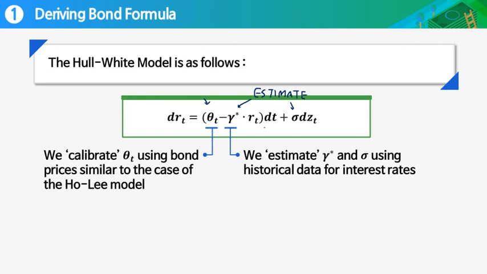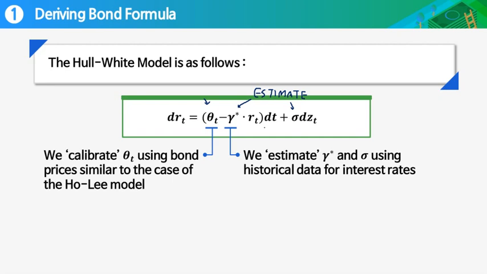If the interest rate is too high, then the central bank will lower the interest rate. On the other hand, if the interest rate is too low, then maybe the central bank will increase the interest rate. So in data, the interest rate follows a mean reverting pattern.